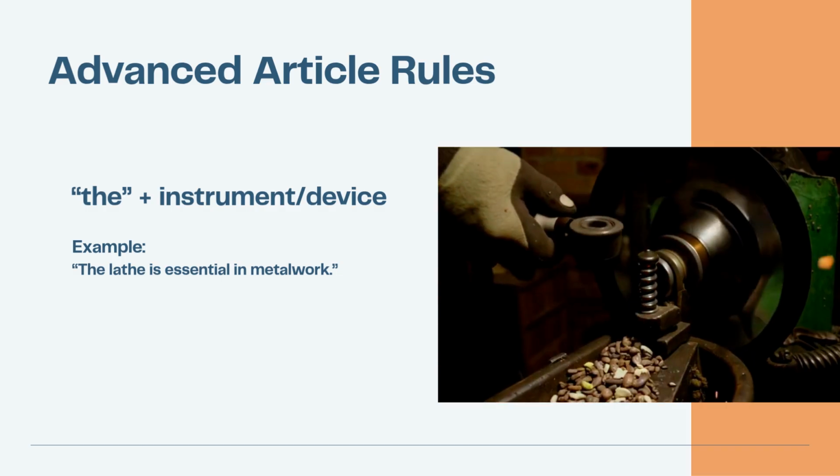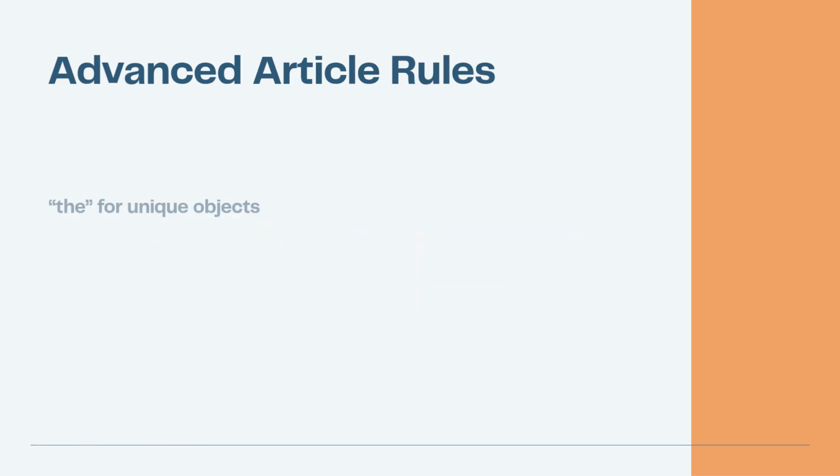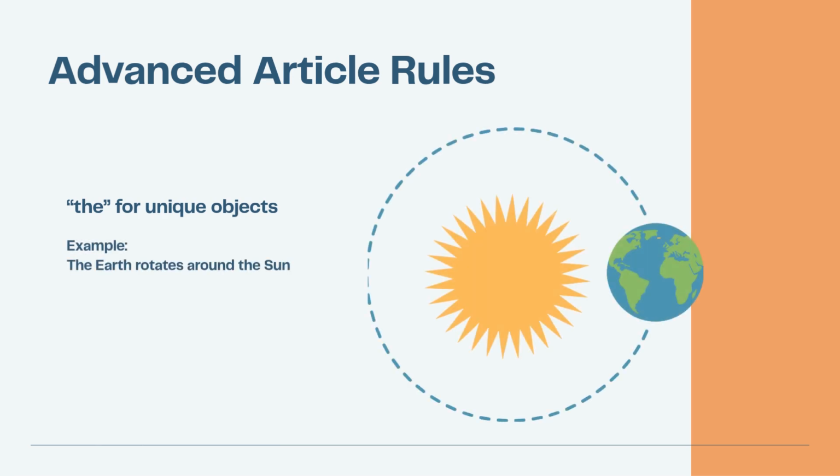You should also remember that we use no article with academic subjects, languages, or meals, like we study mathematics and welding techniques. And the last one, the is used for unique objects. For example, the Earth rotates around the Sun.